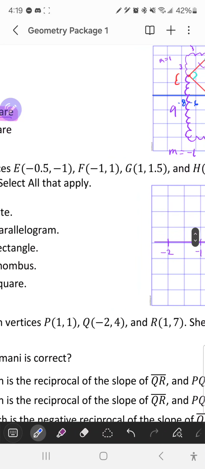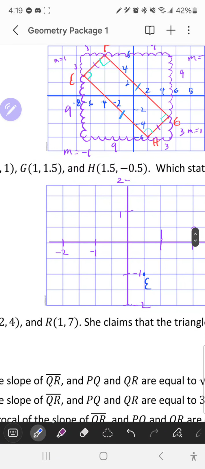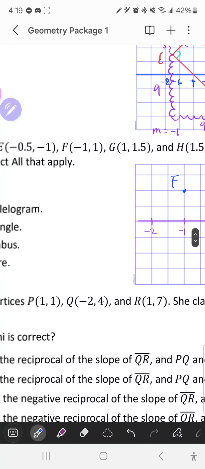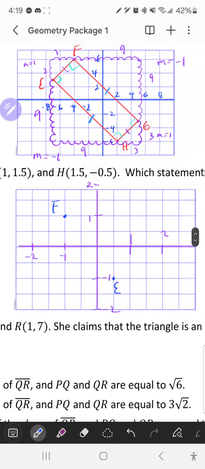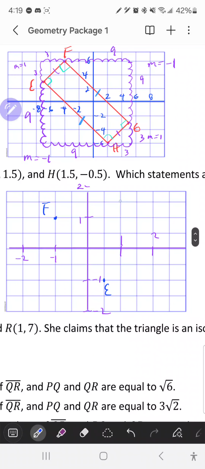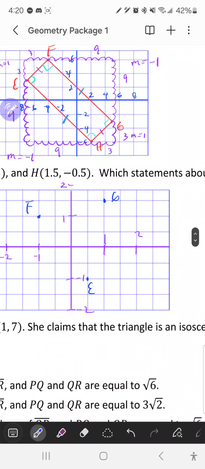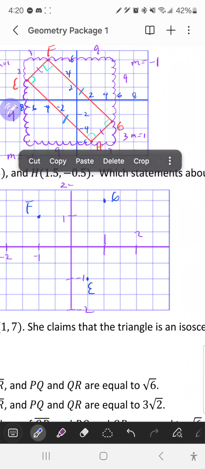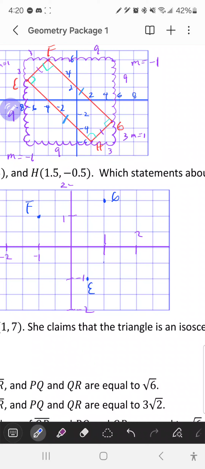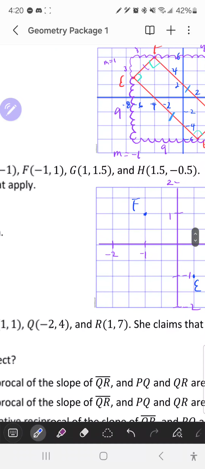Now F is -1 comma 1, which is basically here. So this is F. G is 1 comma 1.5, which is going to be here. So this is G. And H is 1.5 comma -0.5, which is here. H.